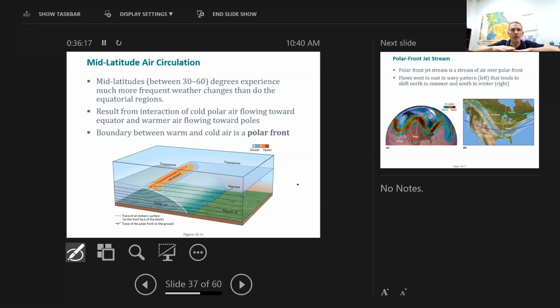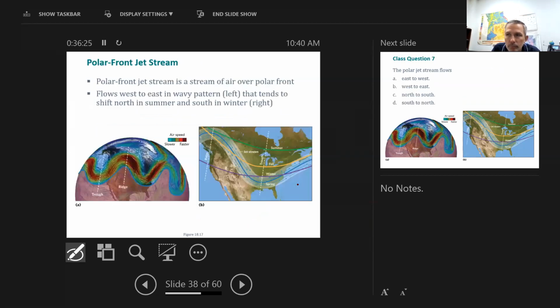And so where those air masses interact, they can cause lots of circulation. And so we start looking at the polar jet stream, and this polar jet stream can have some waves associated with it.